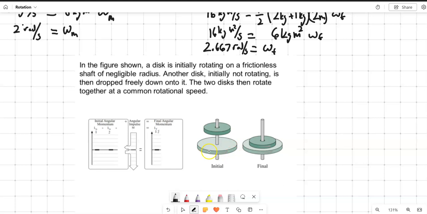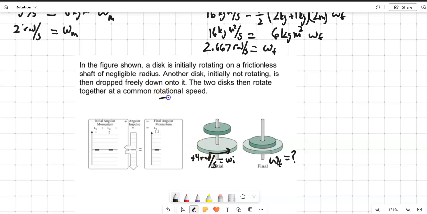Let's call this disk that's spinning, again, at positive 4 radians per second, and that's the initial angular velocity. We want to know the final angular velocity. So this disk has an initial angular velocity of 4 radians per second.